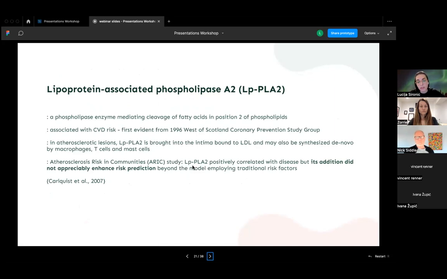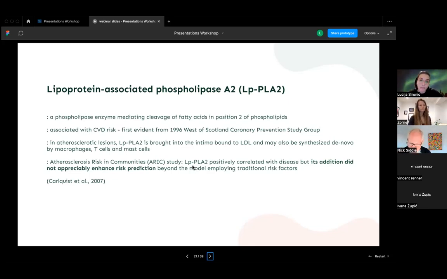It's important because higher levels of this phospholipase have been associated with higher CVD risk. Most of this phospholipase normally sits on LDL, but it looks like it may also be synthesized by the macrophages, T cells and mast cells in the atherosclerotic lesions from the start.